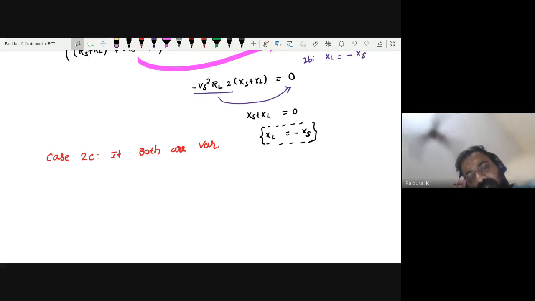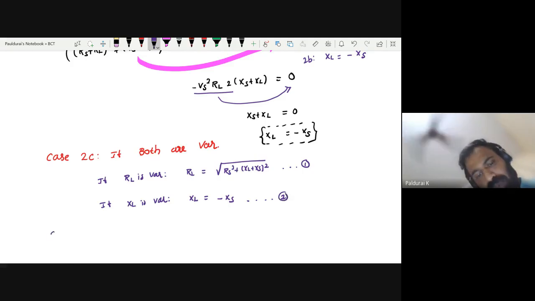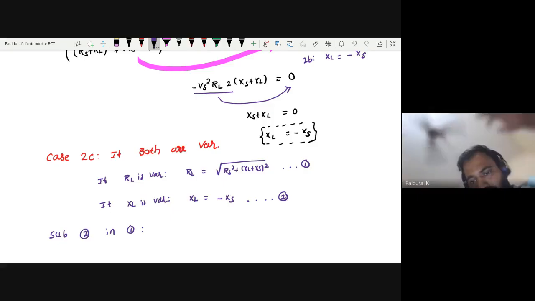So now, if both are variable, it's very important. If RL is variable, what is the formula? RL equal to square root of Rs squared plus (XL plus XS) the whole squared. If XL is variable, XL equal to minus XS. Take this as equation number 1 and that as equation number 2. Now substitute equation number 2 in 1.